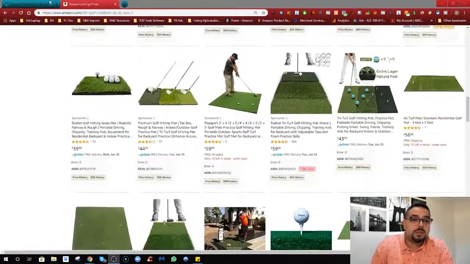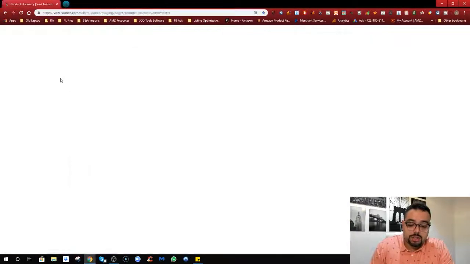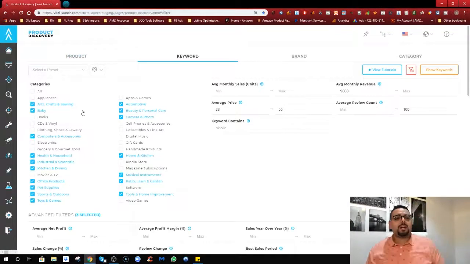Anyways, so guys, this is all what you need to know about market intelligence, about how to find products through keywords. It's a really important step to find a really good product with a good keyword that has high search volume, has low competition, that you can take and find other keywords to really find a high potential product that has a lot of sales and low competition.